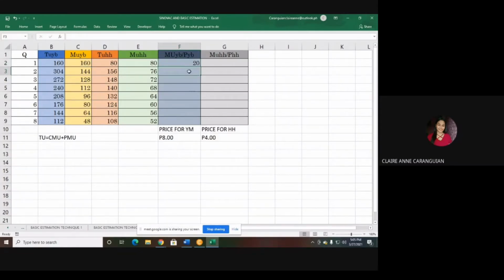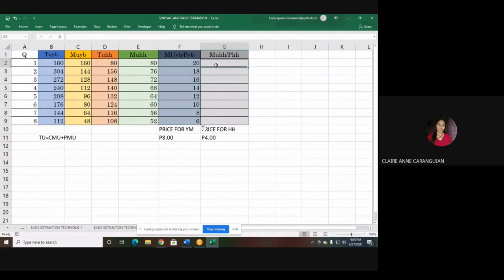The same goes for quantity 2: 144 divided by 8, since that is the price for Yum Burger, is equal to 18. Same process, just double click.